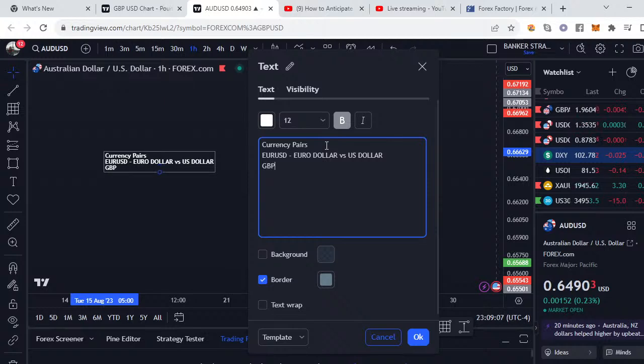Now we have GBP/USD, which is the Great British Pound versus the US dollar. And then the pair that we're going to be looking at today is the Aussie dollar versus the US dollar.